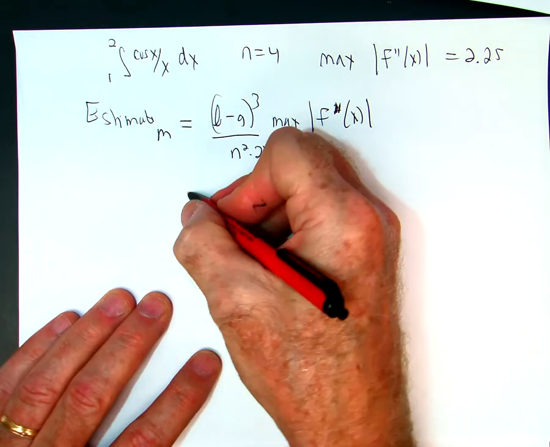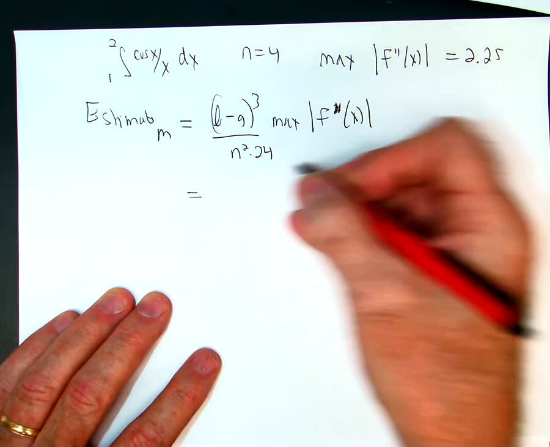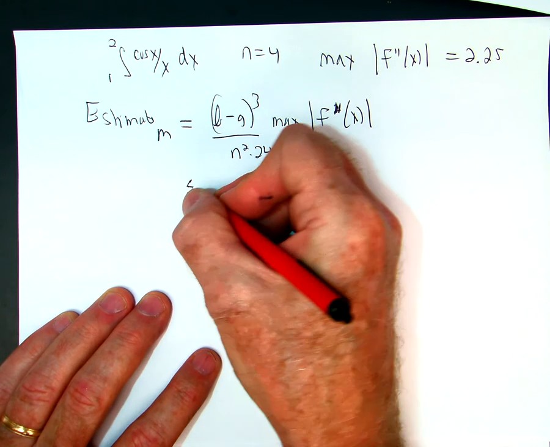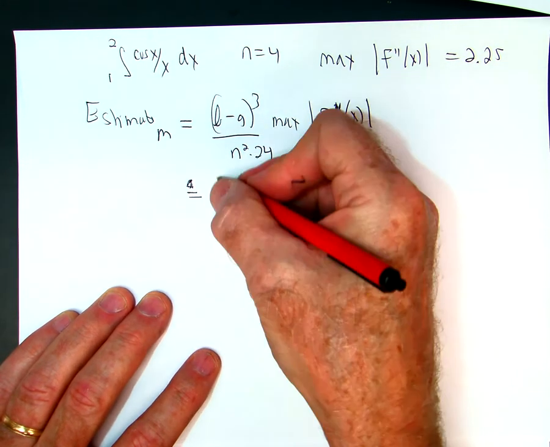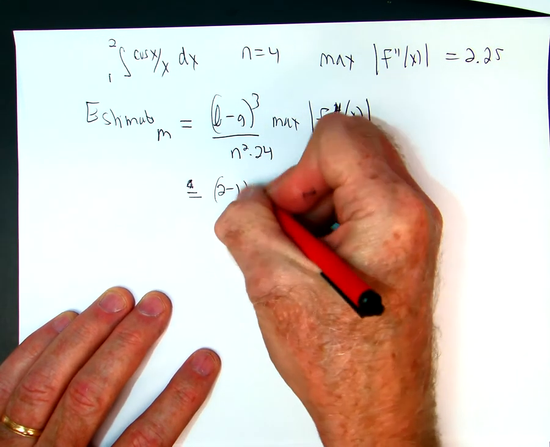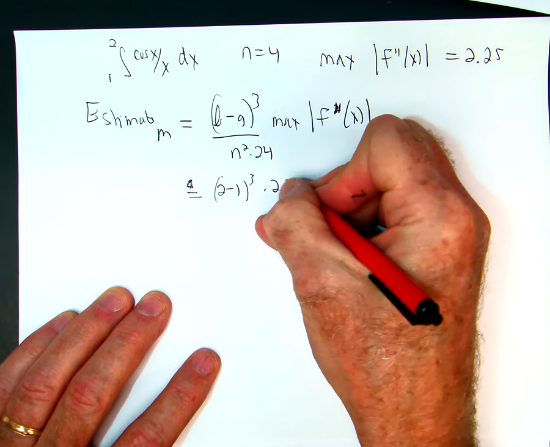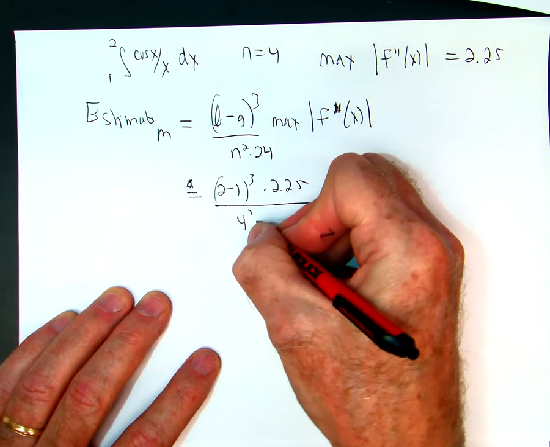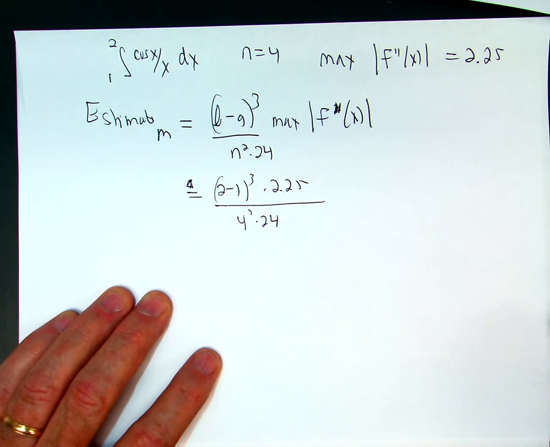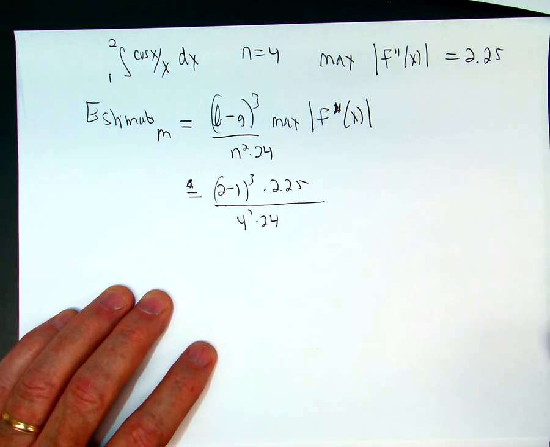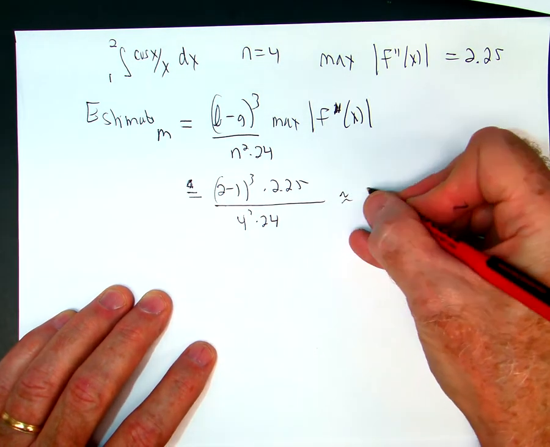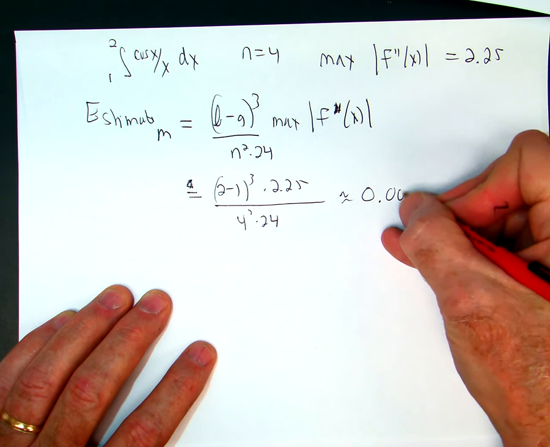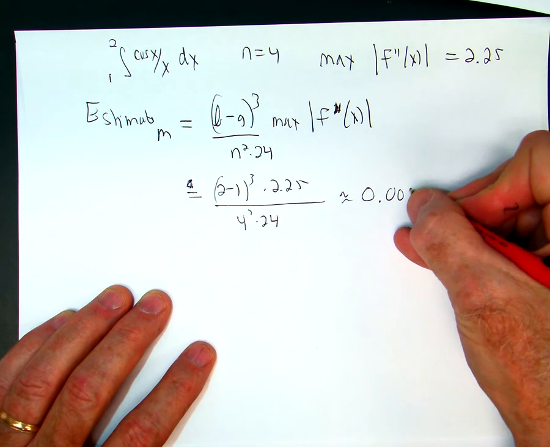That's going to be less than or equal to, well, we'll use that as the max: 2 minus 1 cubed, times 2.25, over 4 squared times 24. And what I got for that was about 0.00586.